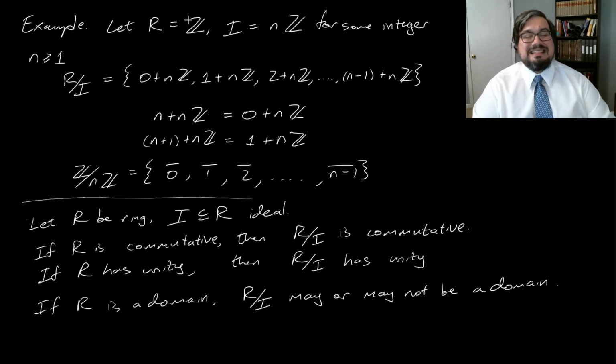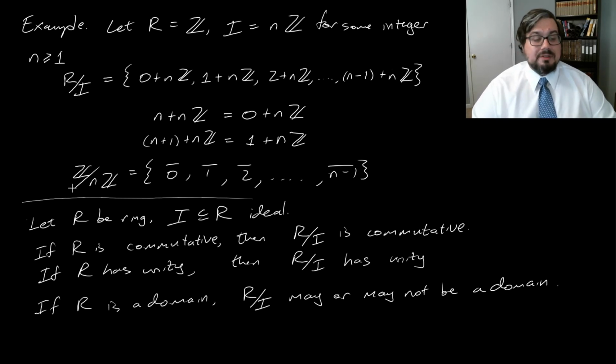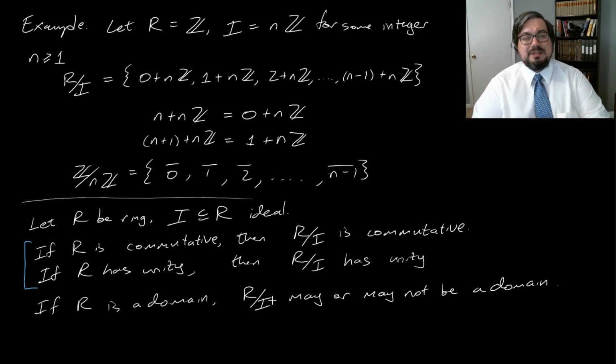The ring Z, the set of integers, is a domain. However, the rings Z mod nZ are not necessarily domains. They're only domains when n is a prime number. So this shows us that not all nice properties descend, but some do. And these two, commutativity and unity, are very, very important.